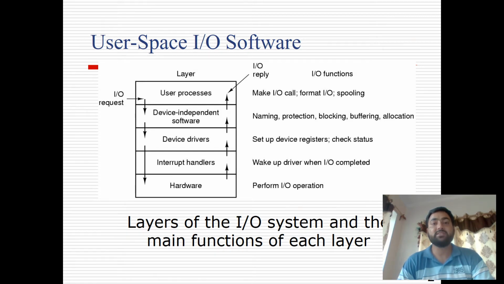These are the processes that are under execution by the CPU and which make a request for a particular input or output operation to be performed. That means they make input output calls, format the input and output, and also they are used for spooling. That is a kind of buffer that is used during the I/O operations.